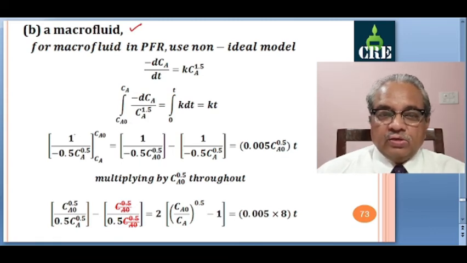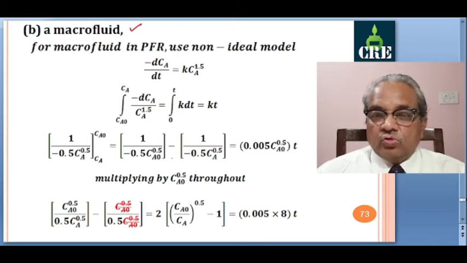So the integral is 1 by minus 0.5 Ca raised to 0.5. With this minus sign I have reversed the order. Ca0 to Ca is written as Ca to Ca0. So this upper limit Ca0 comes first, then the lower limit is now Ca.